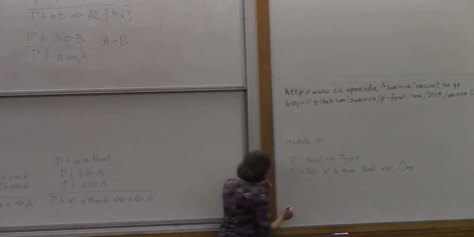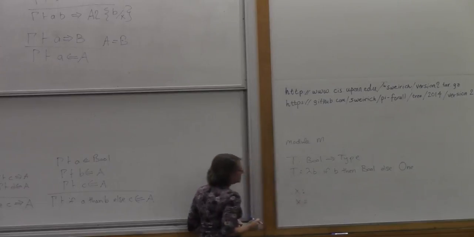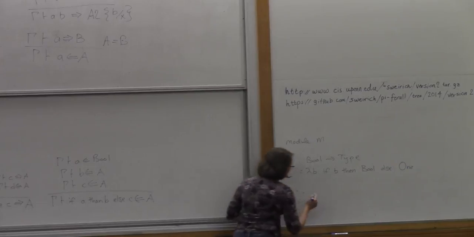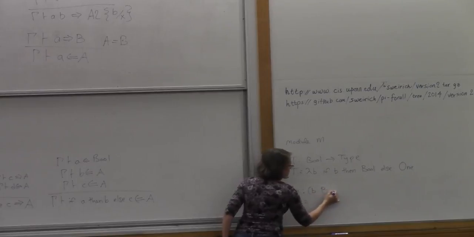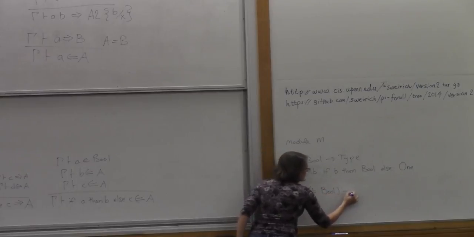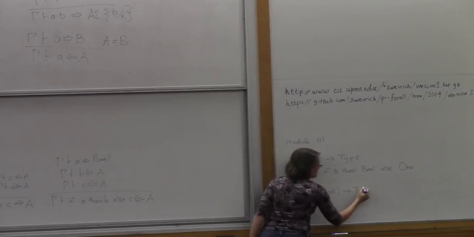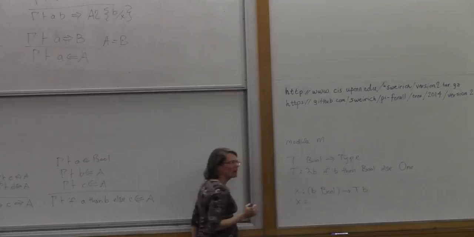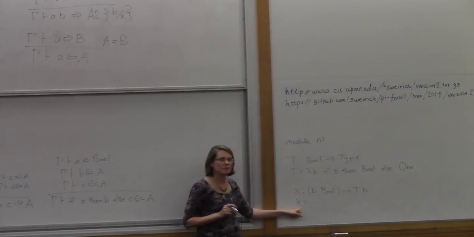But say we have this definition. What is this going to be? This is going to be a function that takes a Boolean, has a dependent type, and its result type is going to be determined by T. So this is going to be the type of X. Now what could we do to implement X?